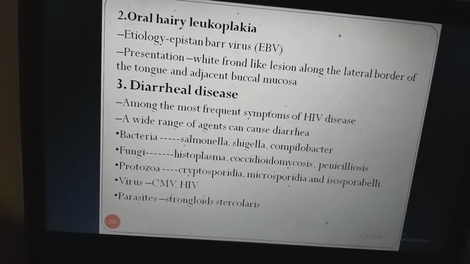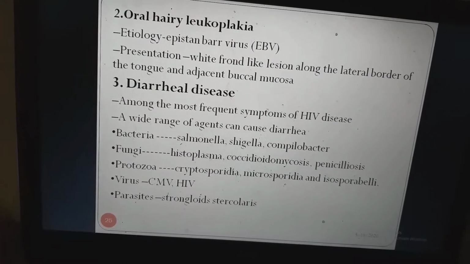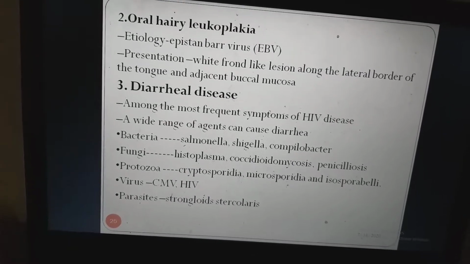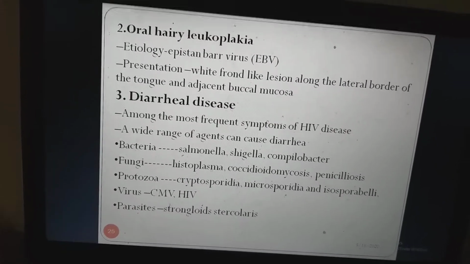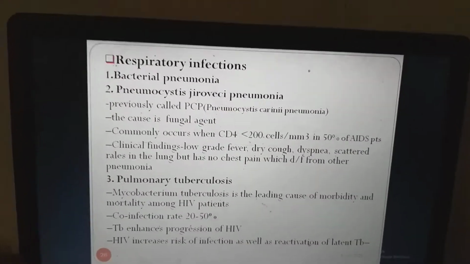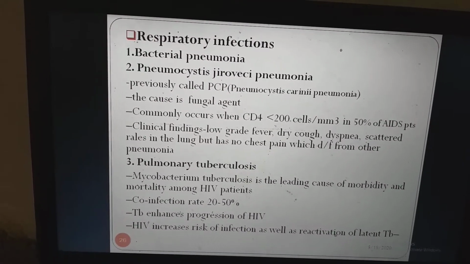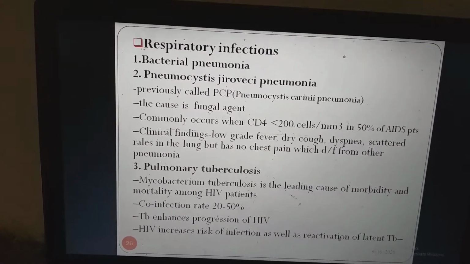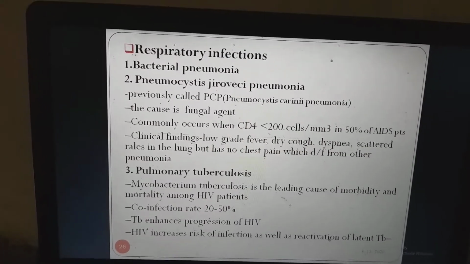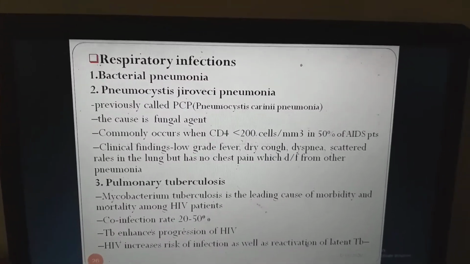Virus: cytomegalovirus, HIV. Parasites: Strongyloides stercoralis. These are some diarrheal diseases. Respiratory infections like bacterial pneumonia, Pneumocystis jirovecii pneumonia, and pulmonary tuberculosis are the major three causes of respiratory infection.